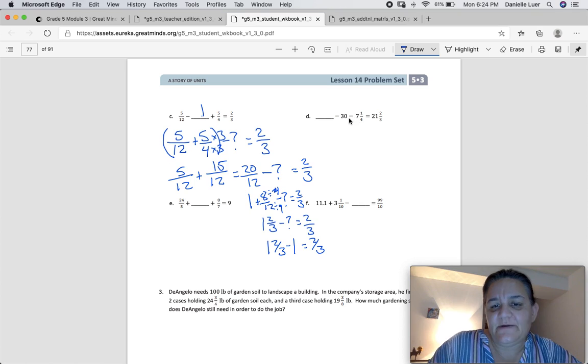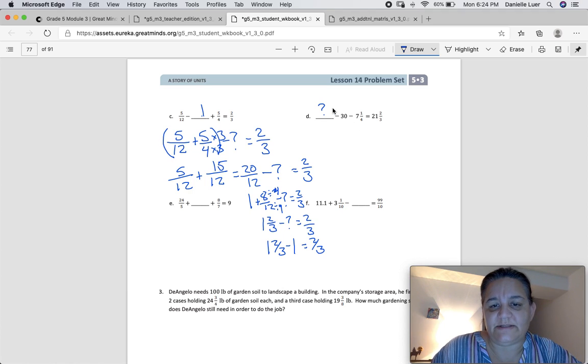Okay, here we go. How about this one? Something minus 30 minus 7 and a quarter equals 21 and 2/3. Okay, well, let's figure this out.